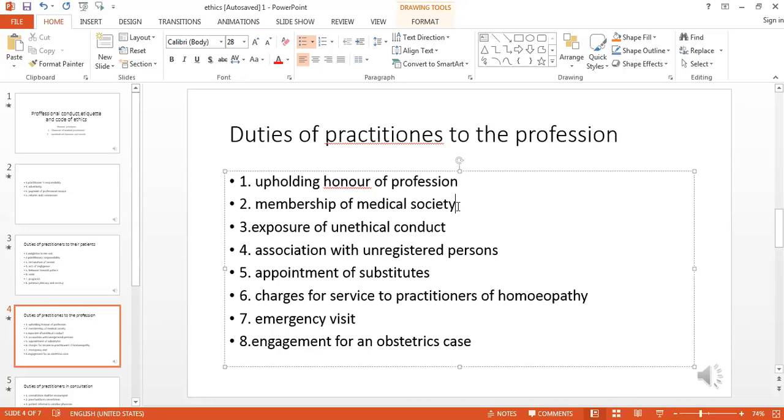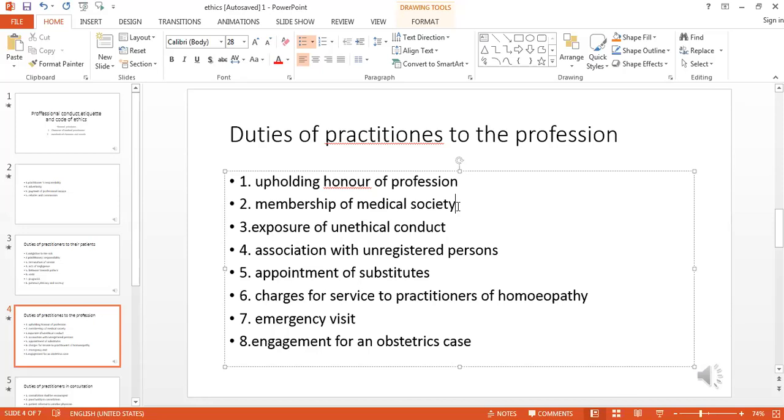The practitioner of homeopathy under such appointment shall give the utmost consideration to the interest and reputation of the absent practitioner. He shall not charge either the patient or the absent practitioner of homeopathy for his services, except in the case of special arrangement between them. All such patients shall be restored to the care of the absent practitioner of homeopathy upon his return.